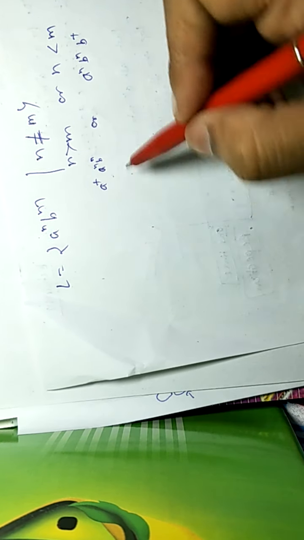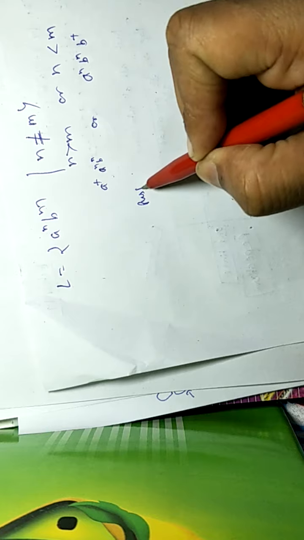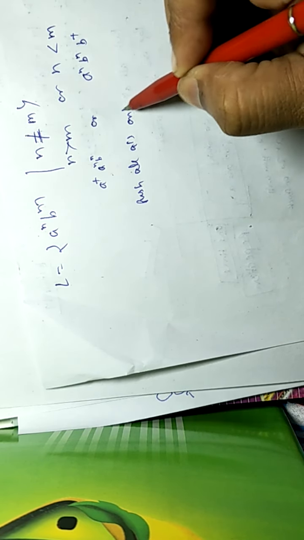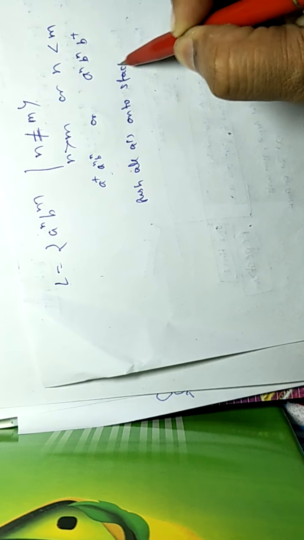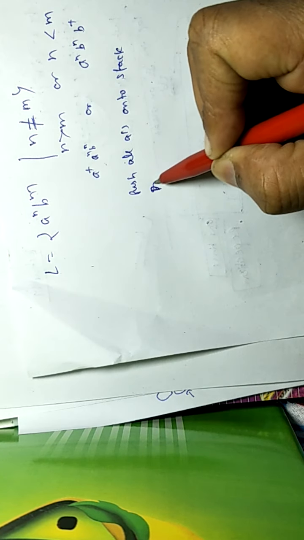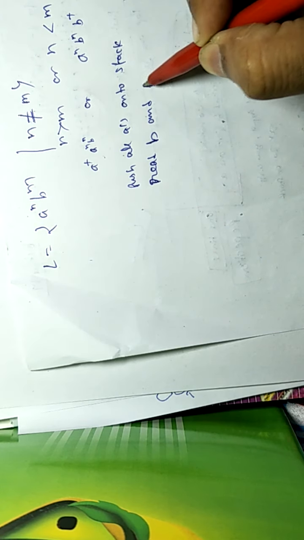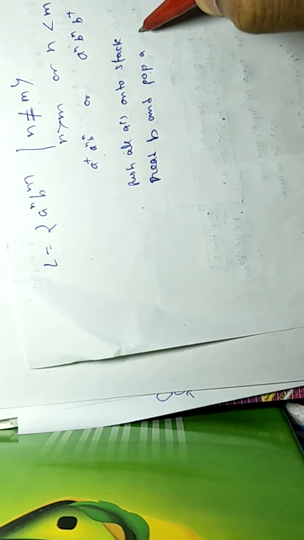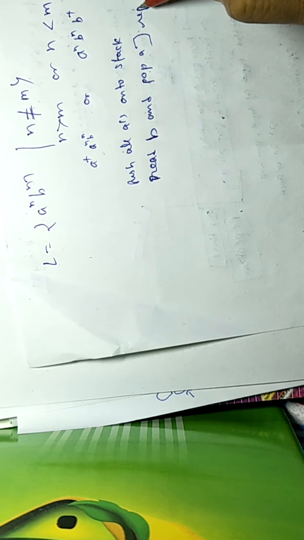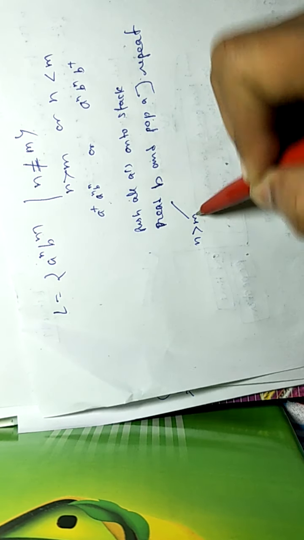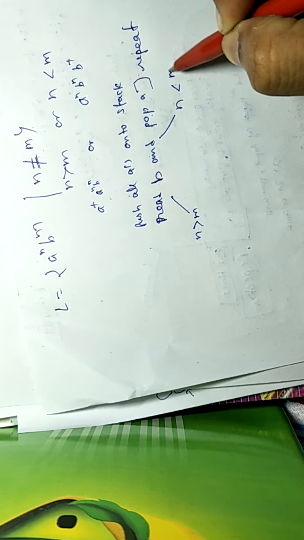So what we need to do: push all a's onto the stack, then read b and pop a, and repeat the procedure. After that we will get the situation either n greater than m or n less than m.